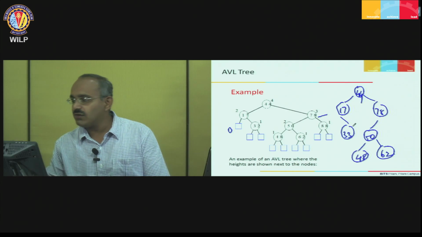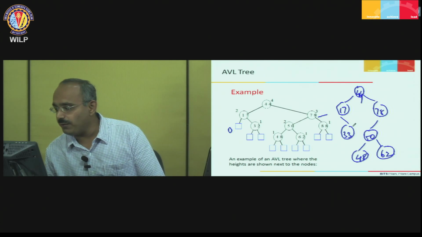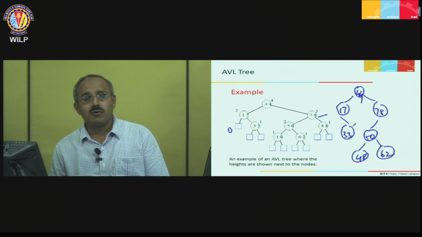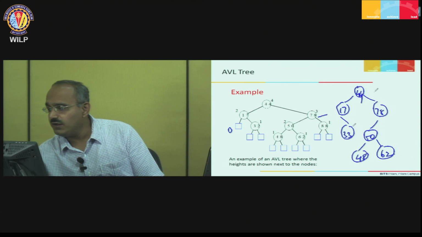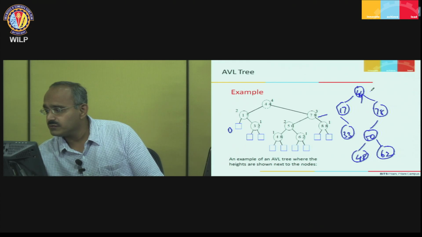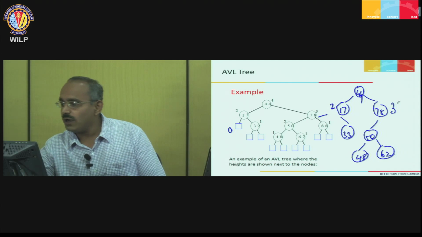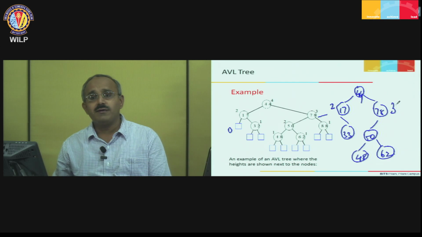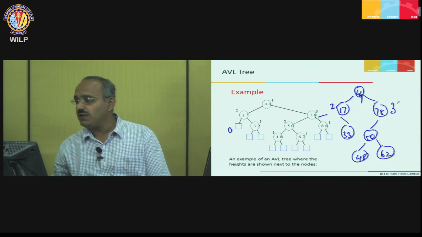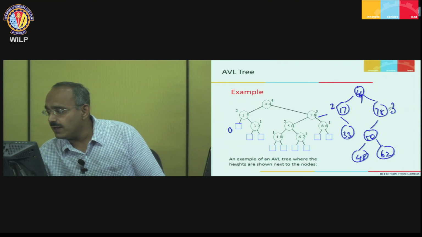Now, this is easy to check, it is a binary search tree. Now, let us look at the height properties. At this particular node, the height of this subtree is 2, right. The height of this subtree is going to be 1, 2, 3. So, the height balancing property is satisfied at 44. Now, let us look at 78.